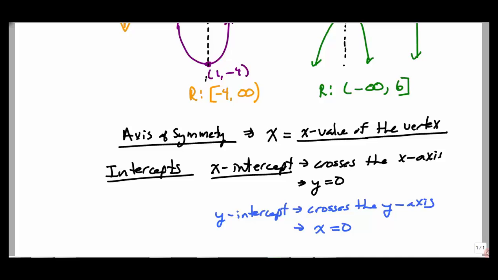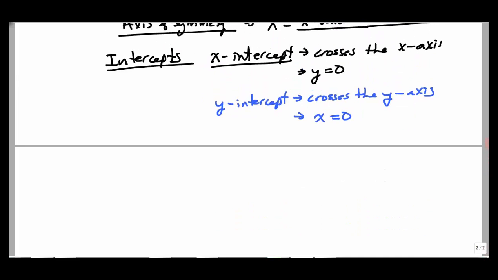So if we were to draw a picture talking about intercepts, you might have a case where you have a y-intercept. So whatever this y value is, this is a y-intercept, and no x-intercepts. So this would also be the case where we'd have no solutions if we were to try and solve this, because it never crosses the x-axis.